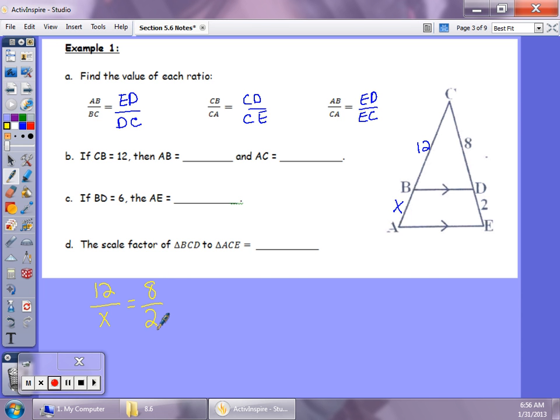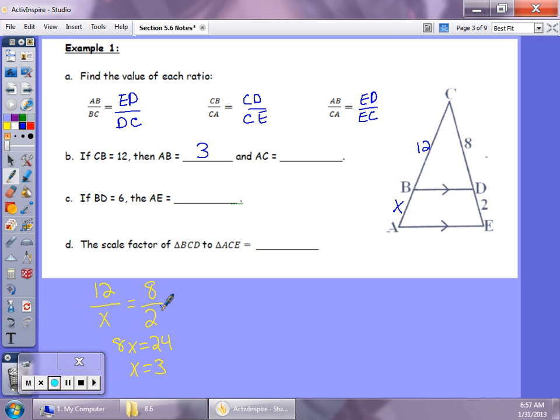Then we can use what we know about solving proportions and cross multiply. So 8x is going to equal 24. So x is going to equal 3, which means that AB is also going to equal 3.